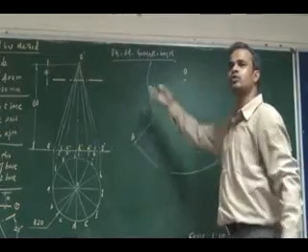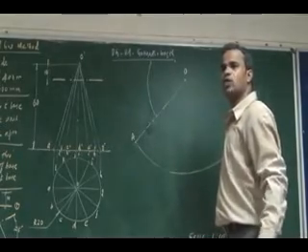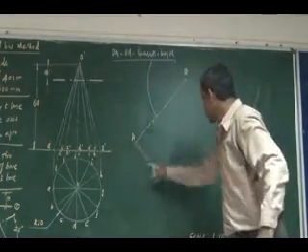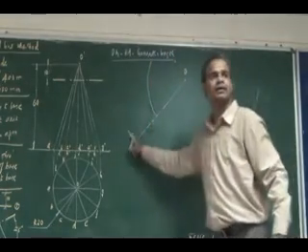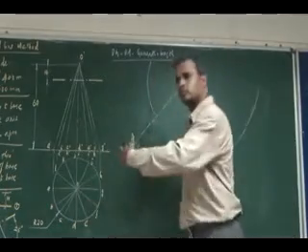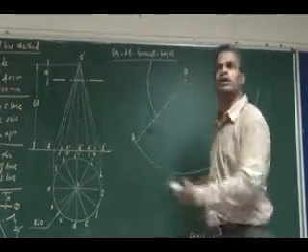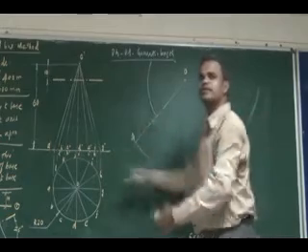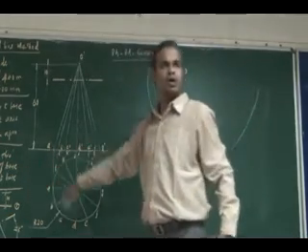Along this arc, what distance do I have to mark to develop this cone? Anybody? What is this arc? This arc is nothing but the circumference of this circle. So I have to open this arc up to the circumference of the cone base.